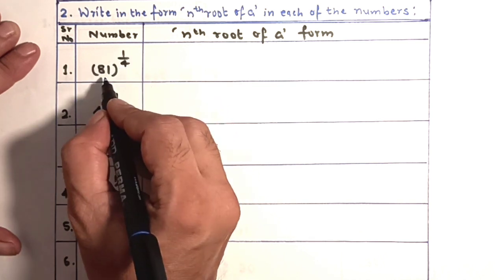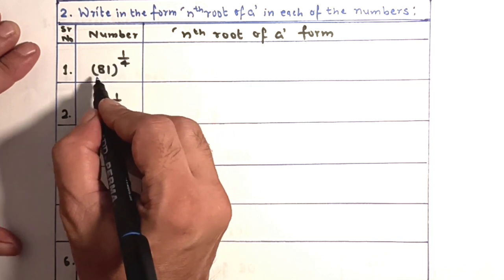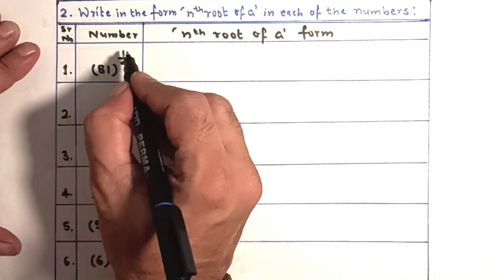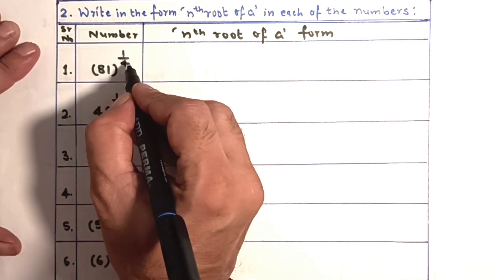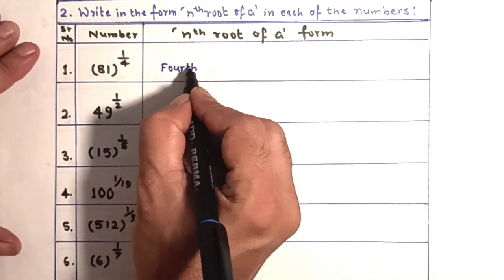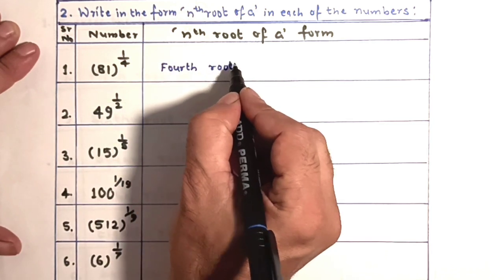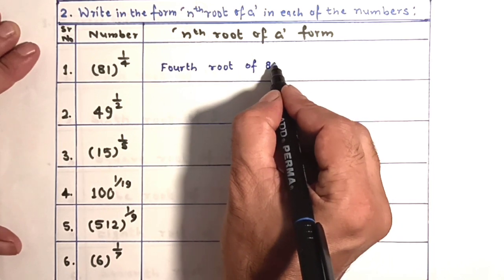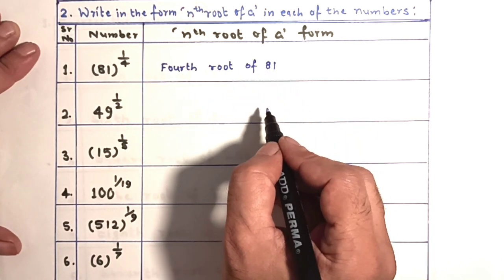Your index is 1 upon 4 and base is 81. So 1 upon 4 means 4th root. So you'll be writing 4th root of your base. What is your base? 81. So 4th root of 81.